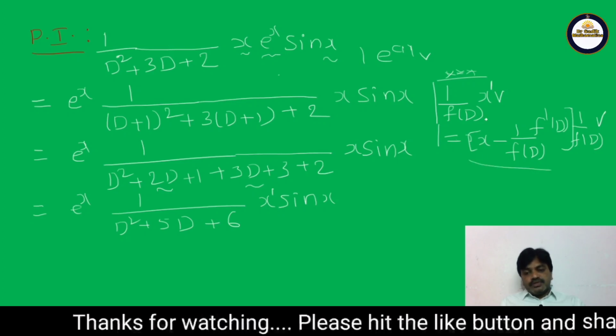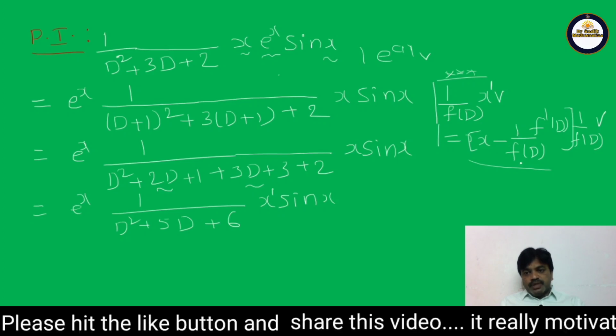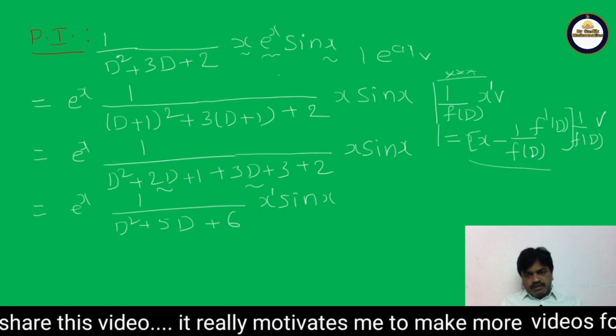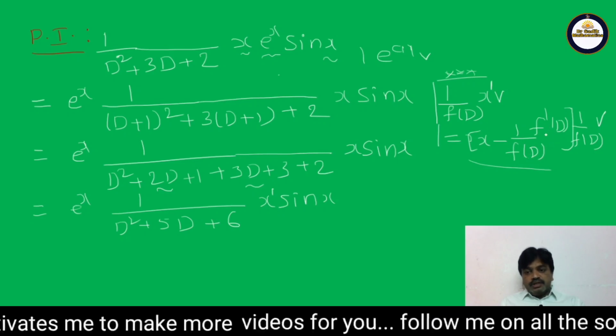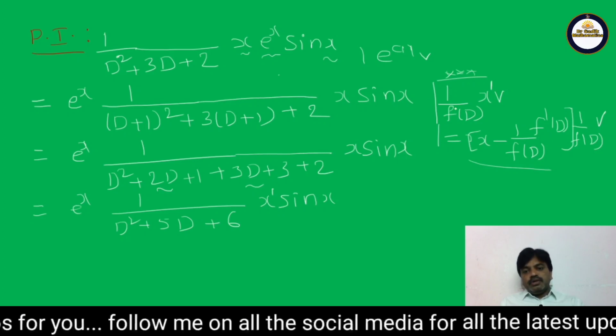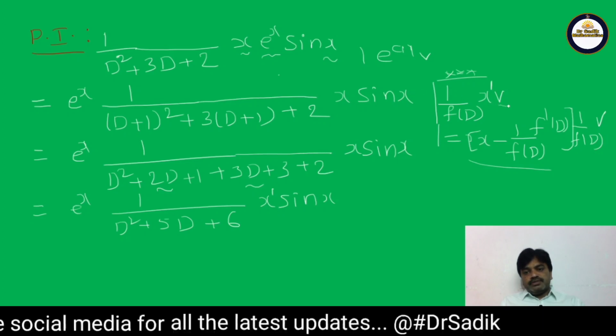What is the formula? x minus 1 by f of D, and write the derivative of this f of D in the numerator, that is f dash of D, into again 1 by f of D into v, this v.